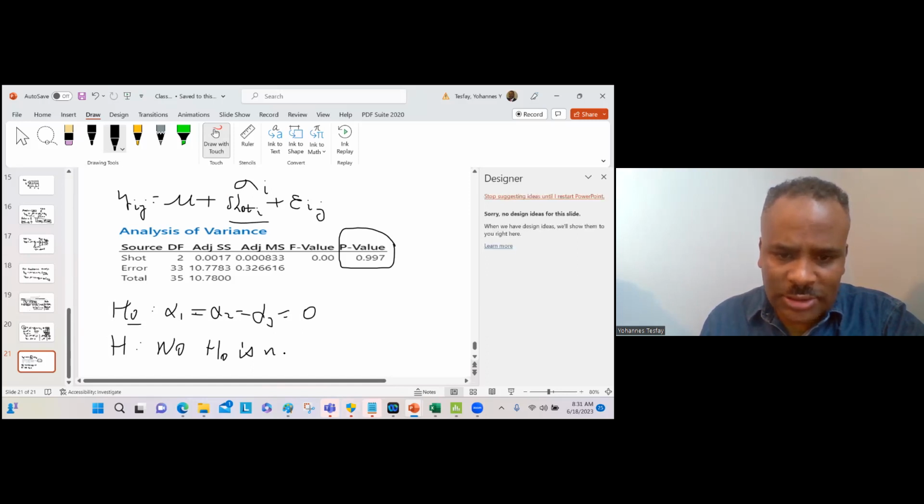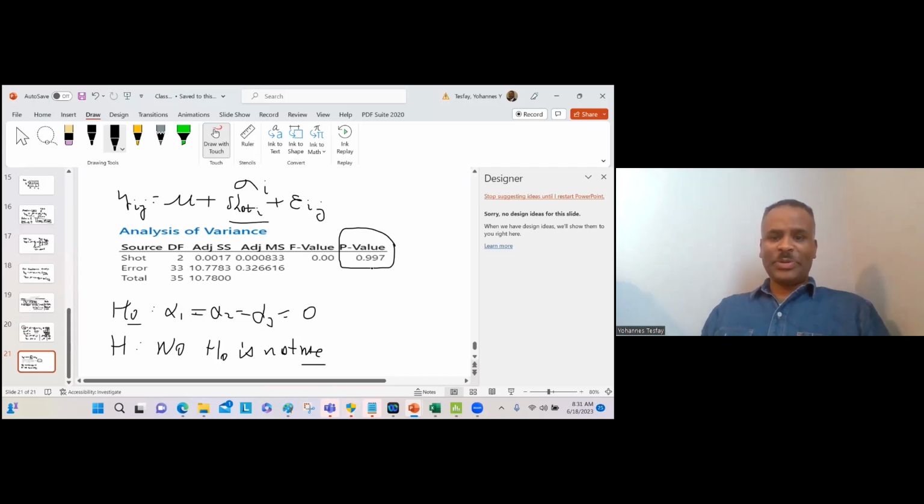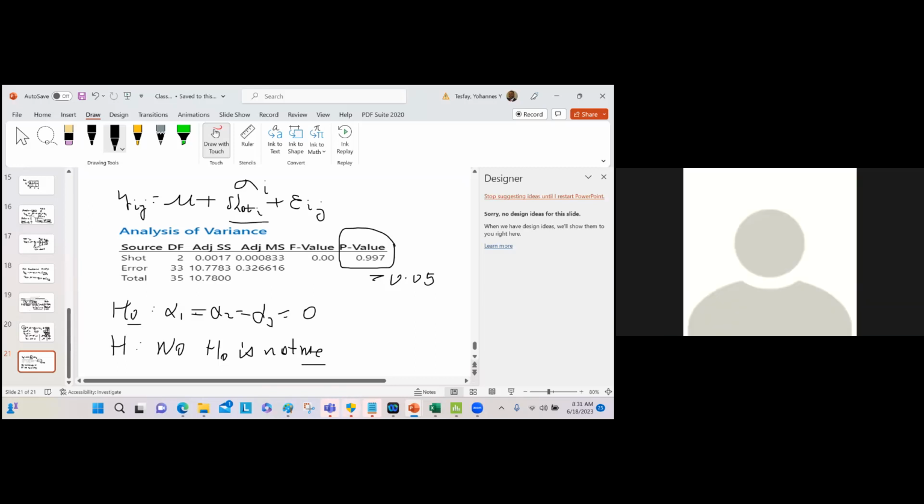Now, at this time, which one has come? Since the p value is greater than 0.05, which one am I going to accept? The null hypothesis. The null hypothesis is accepted.